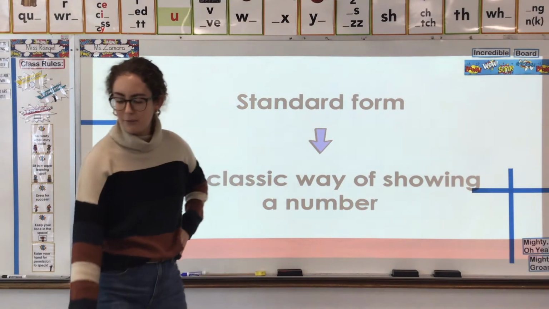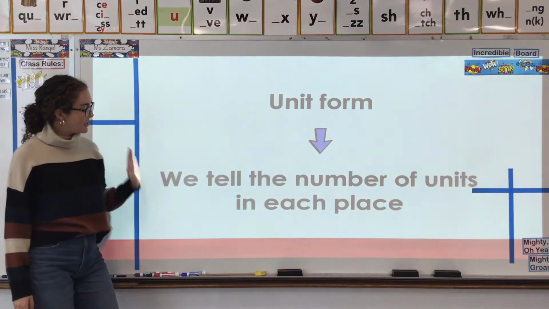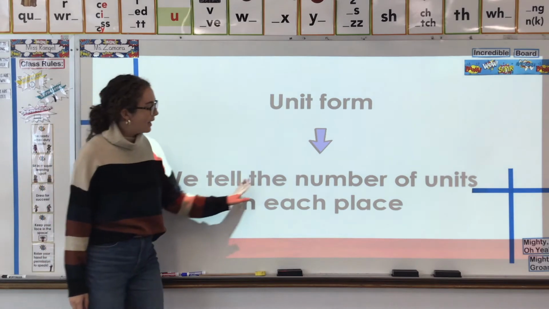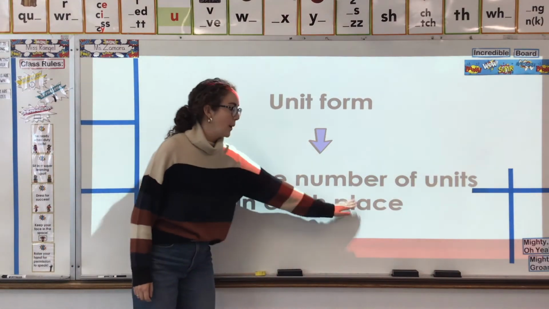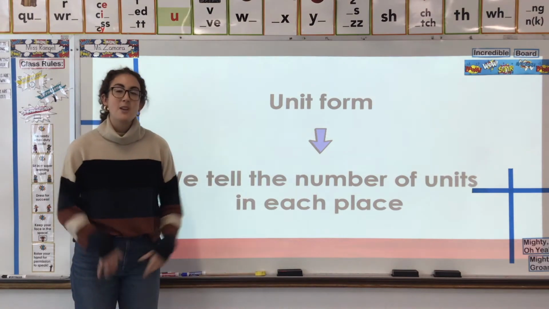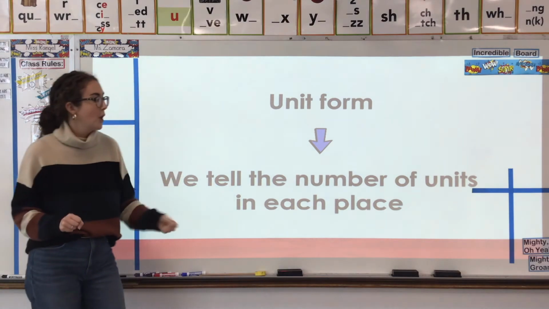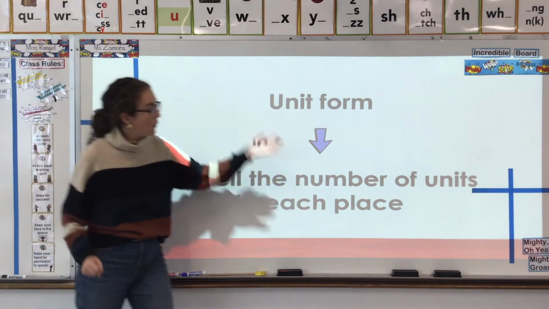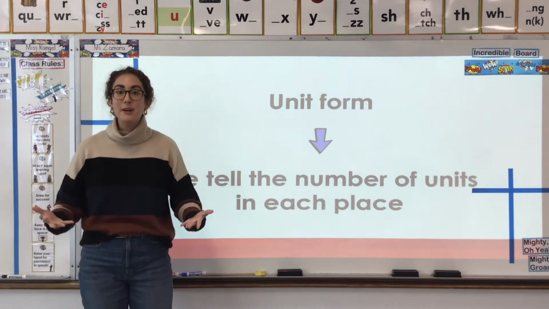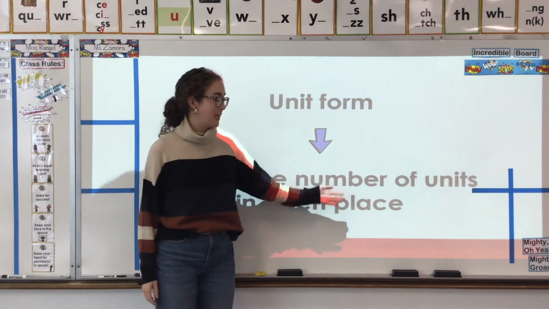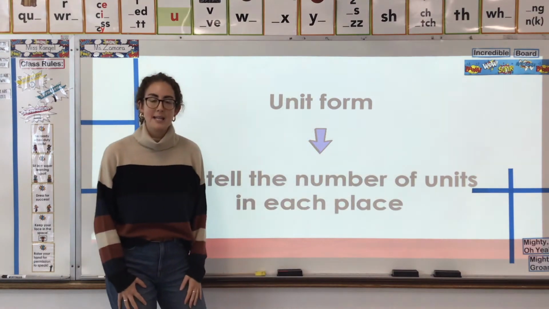So if we already know about standard form, what about our other unit form? What does unit form mean? Unit form, what we do is we tell the number of units in each place. So that one's a little hard to explain, but we all have the skills to do it. So in unit form, we pay attention to the place of each digit and the units that it represents.